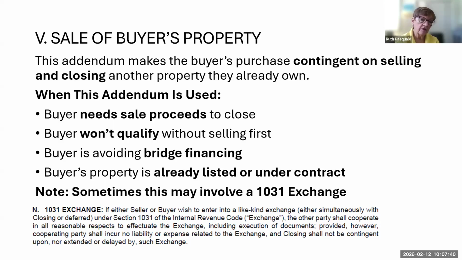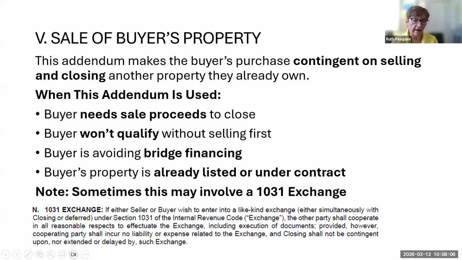A lot of times you will hear, because of the type of market that we're in, that there will be a 1031 exchange involved in this. So the buyer, rather, who is selling his property may want to take those proceeds to avoid tax implications and put it in a 1031 exchange company and then move it into the closing of the deal that we're working with.